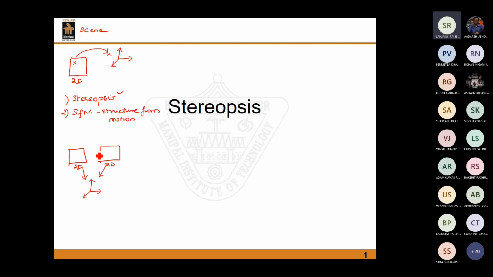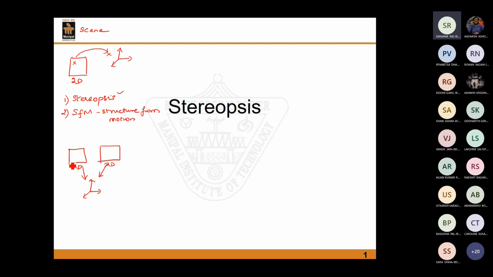As I said earlier, when you try to reconstruct a particular object or scene from an image, you consider different points in the image and try to find the corresponding 3D points.